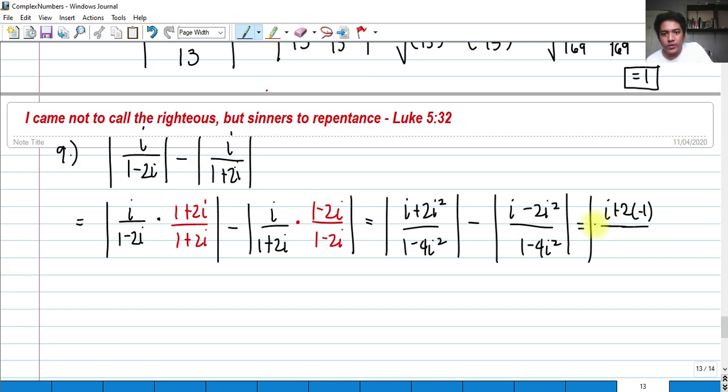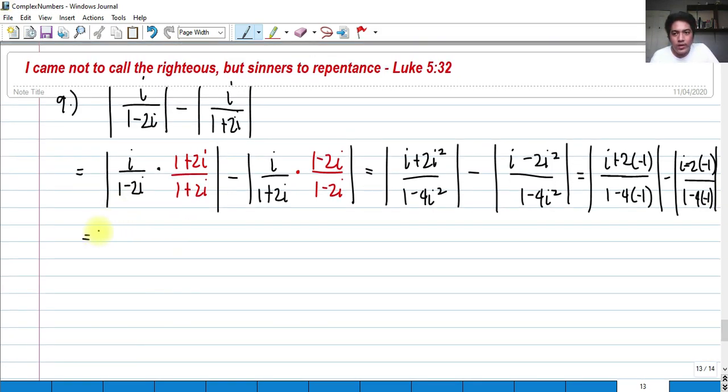So, all over 1 minus 4 times negative 1, the modulus of that, minus, we have i minus 2 times negative 1 over that, all over 1 minus 4 times negative 1, the modulus of that.